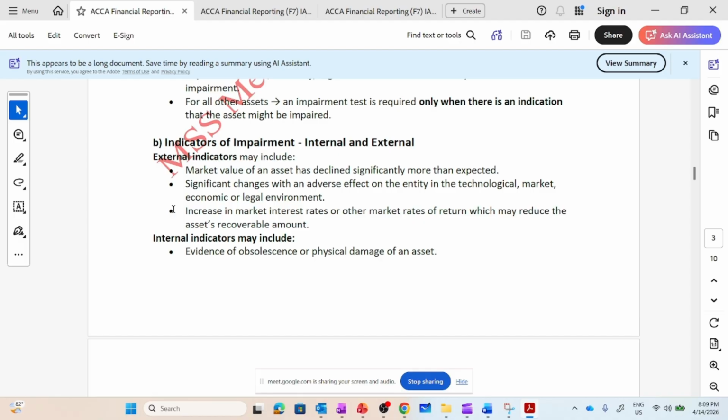Now we are ranging iPhone 16, iPhone 17. Why? This is a clear indication of impairment because the value of the iPhone has significantly changed due to technological advancements. So this will be an external indicator of impairment. Any company that is operating in a technological business needs to be mindful about the potential impact impairments might have on their business operation.